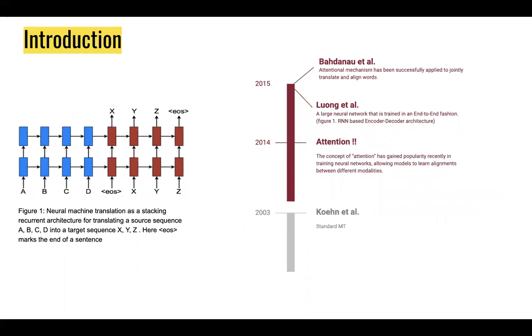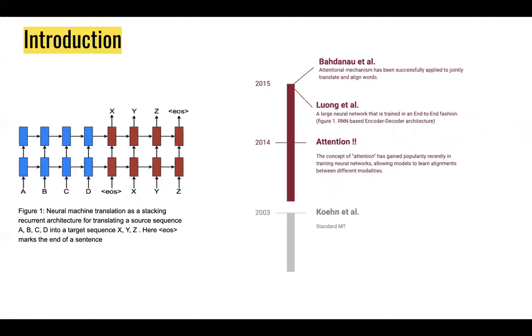And then I will introduce the introduction. It mainly talks about the machine translation mechanisms in different years. In 2003, standard machine translation was proposed, and in 2014, the concept of attention gained popularity recently in training neural networks and has been applied to many areas.